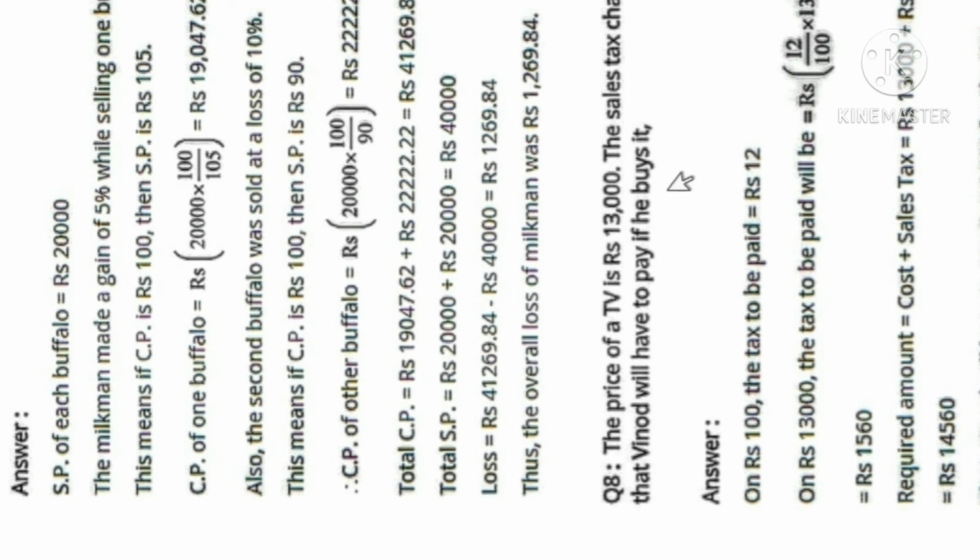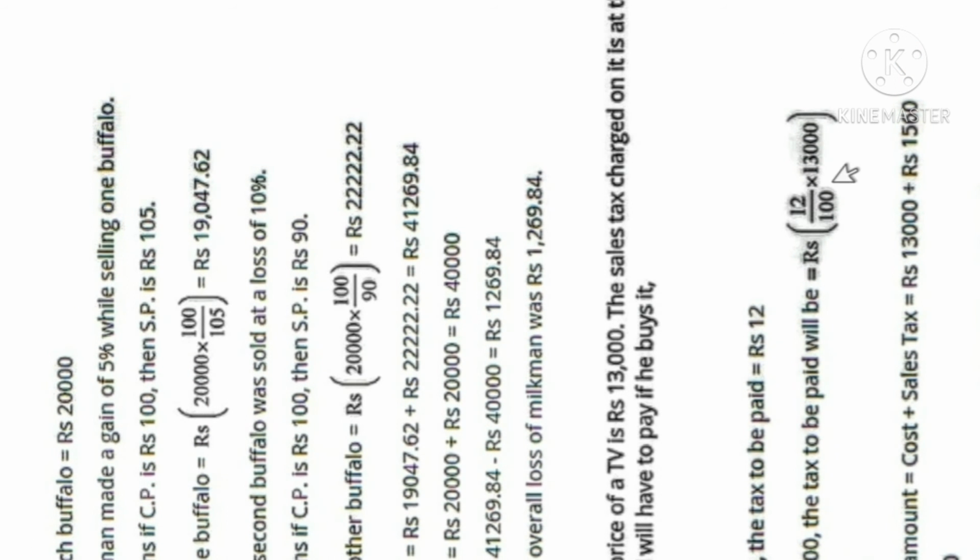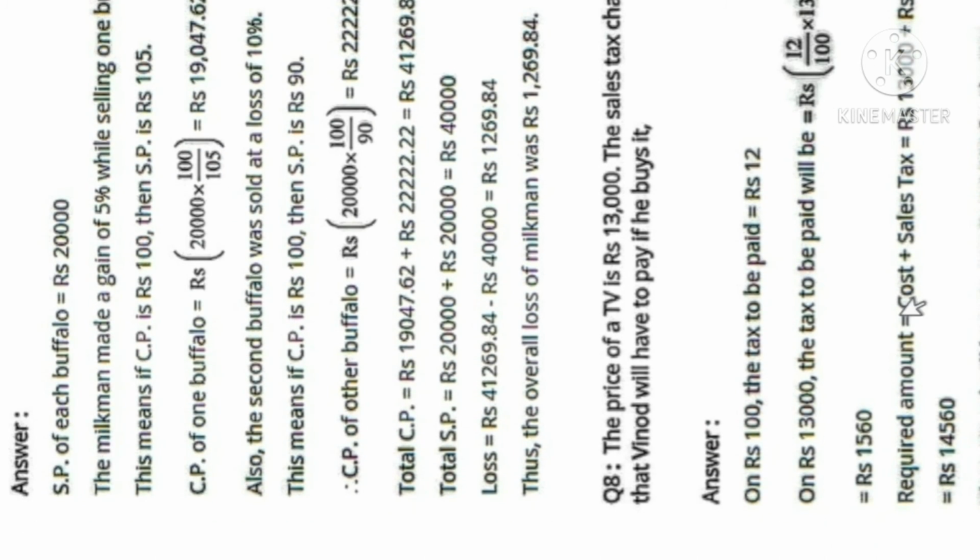So it is given 12% sales tax, means on rupees 100 the sales tax is rupees 12. So on rupees 13,000 the sales tax will be 12 upon 100 multiplied by 13,000. So 12 upon 100 into 13,000. So the zeros will be cut and multiplying these numerators, you will get 1,560.